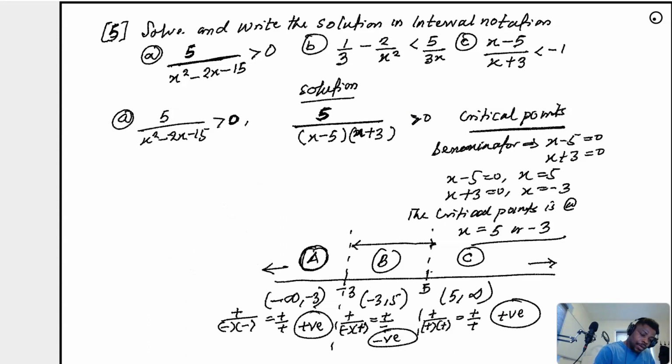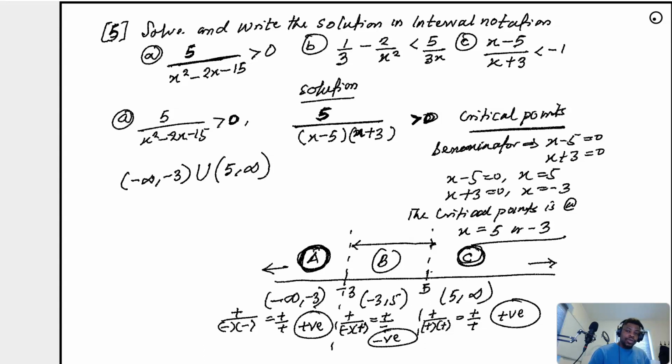So now, since we know that our inequality is greater than 0, that means our quotient needs to be positive. So what gives us positive here? A and C. And for A, we have minus infinity, comma minus 3. And for C, we have 5 and infinity. And the last step is to pick the solution.